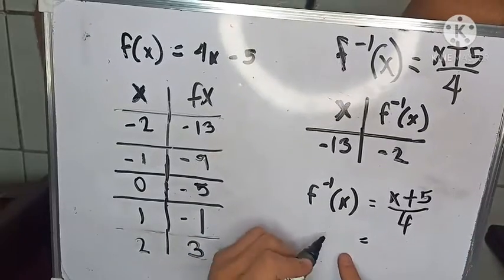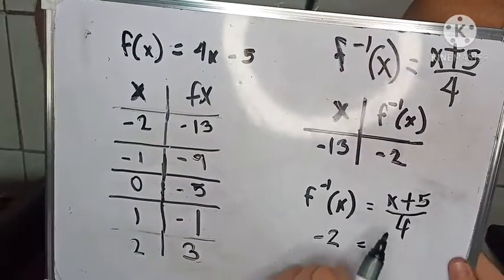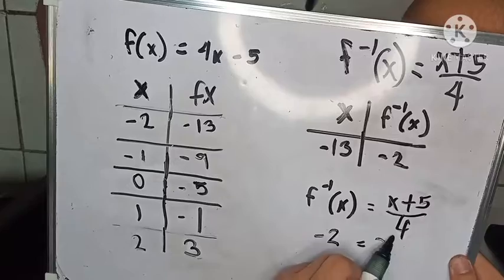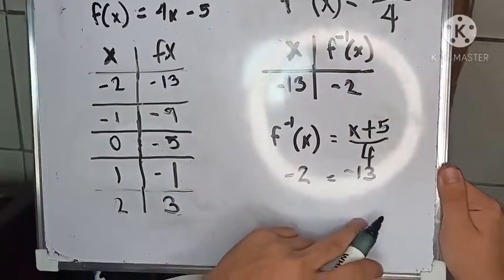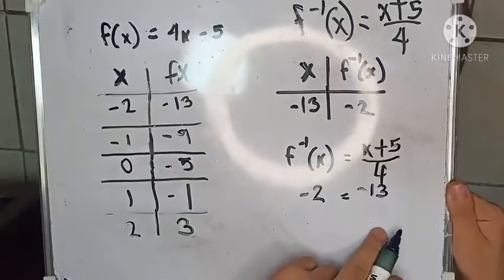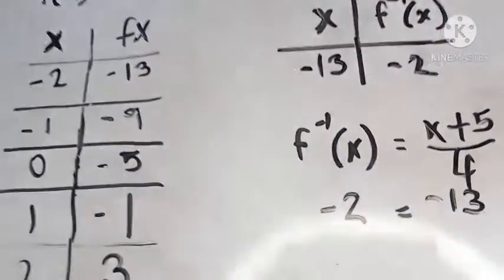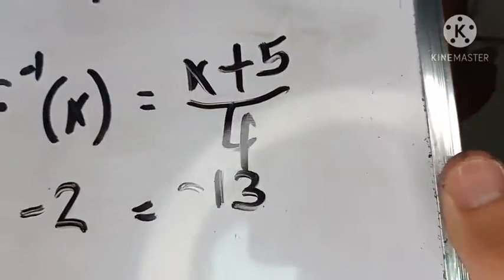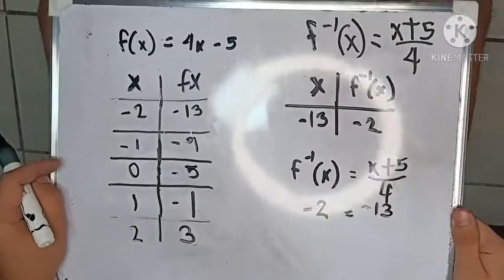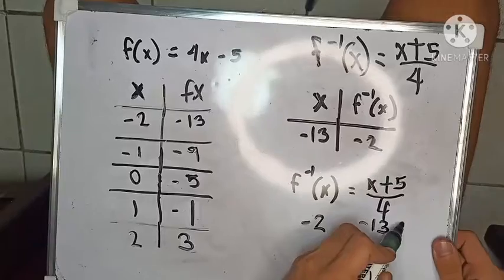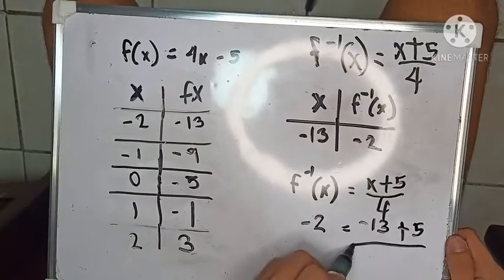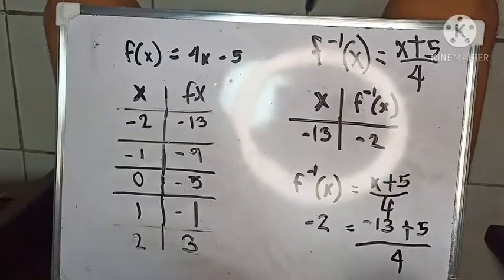And f(x) should be negative 2 right now, and the x would be negative 13. As you can see, it has been negative 13 right now. Have you seen it, guys? Negative 13. Okay, so negative 2 equals negative 13 plus 5 over 4.